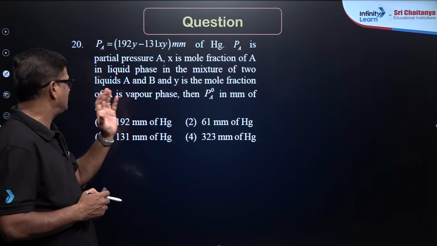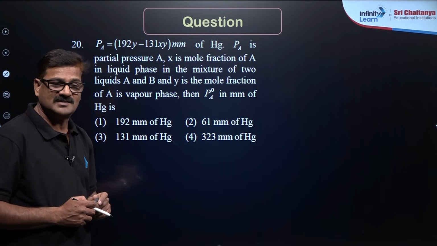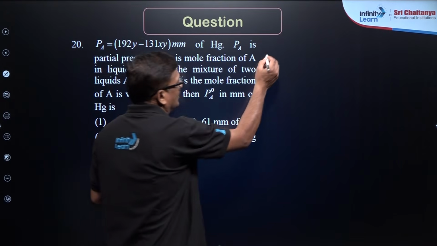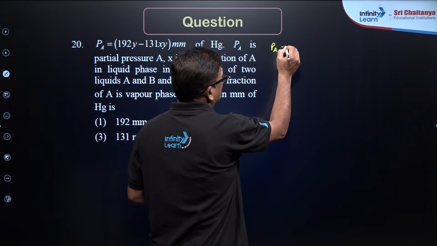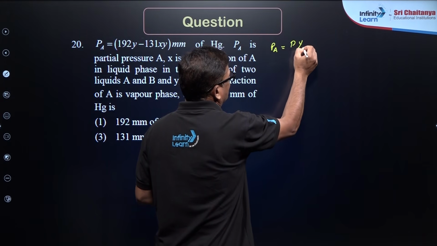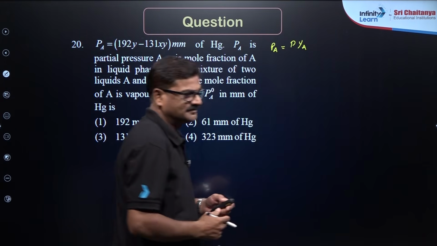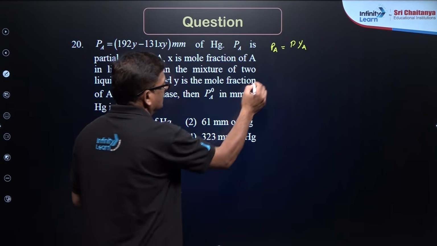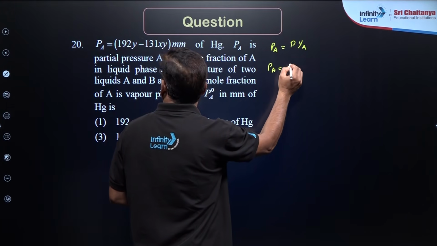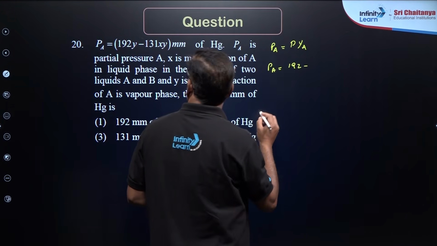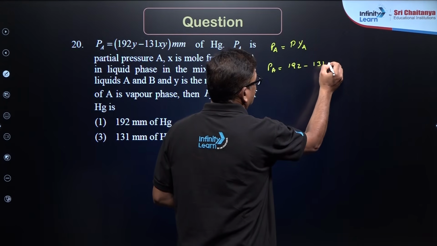Then P naught A in millimeter mercury: PA is equal to P naught A times the mole fraction of A. It is given that PA is equal to 192 minus 131 X.